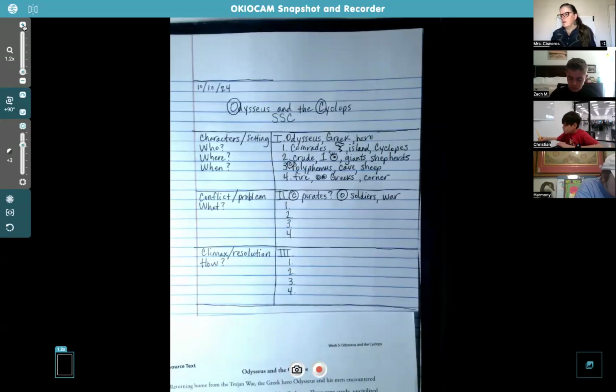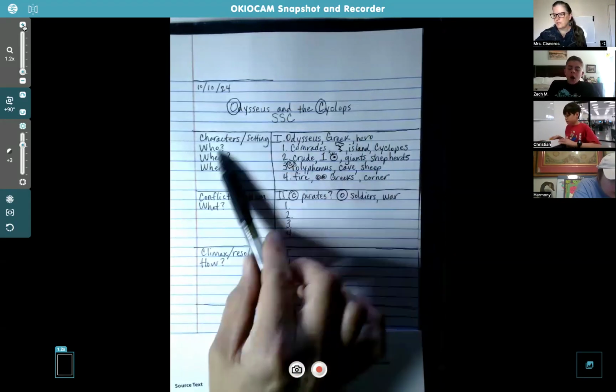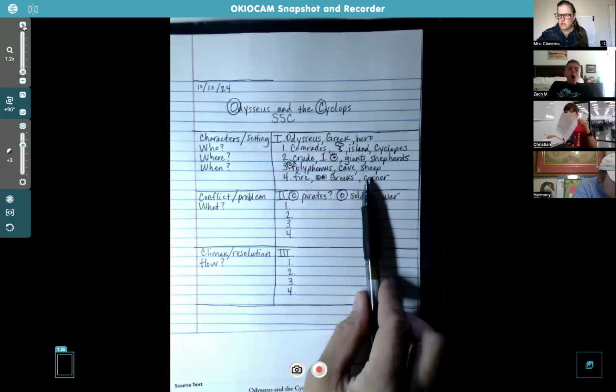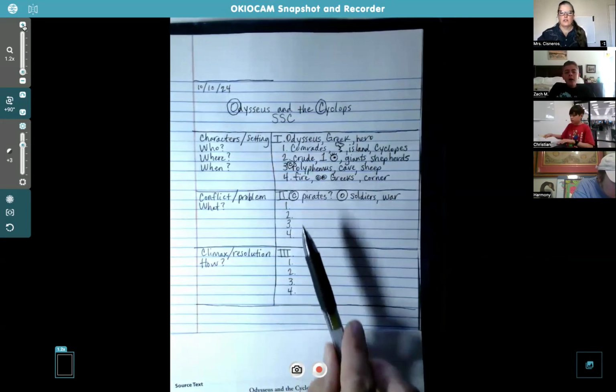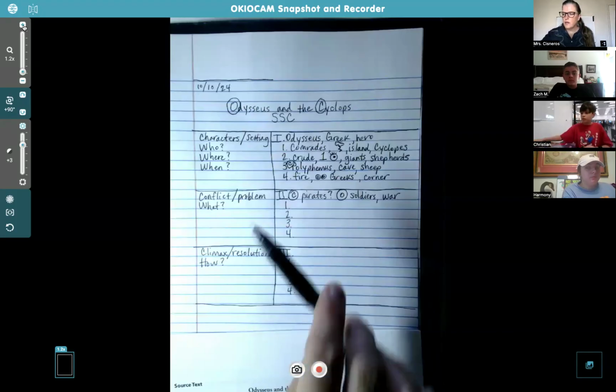Okay. We did this before in last year's class, but this is a little bit different way to build these outlines. You remember I said you're looking at chunks of information. So we already got the first one done. So your homework is really just to finish Roman numeral 2 and Roman numeral 3. I'm not going to have you write yet because I want to see what you come up with.